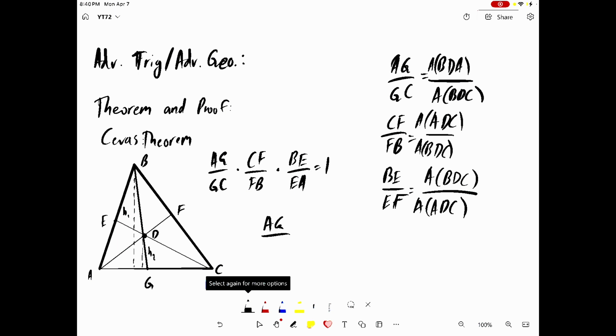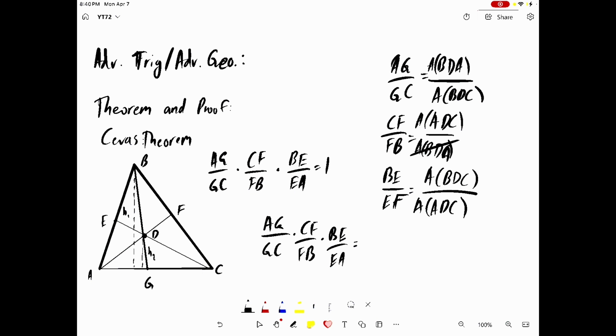AG over GC times CF over FB times BE over EA is equal to the product of the ratios of all these areas. But if you look at it, BDA is in the denominator for CF over FB, but in AG over GC, it's in the numerator.